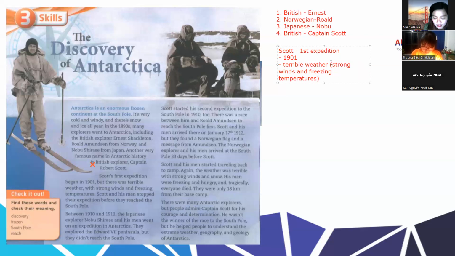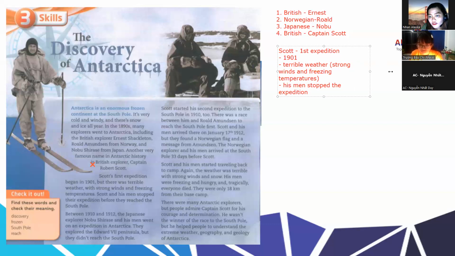It says that Scott and his men stopped their expedition before they reached the South Pole. With his men, all right. So this is the only highlighted idea on the second paragraph.